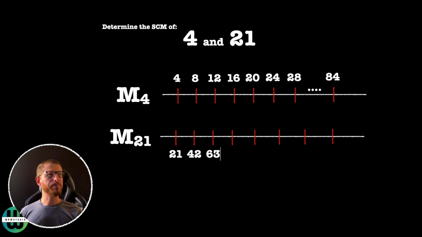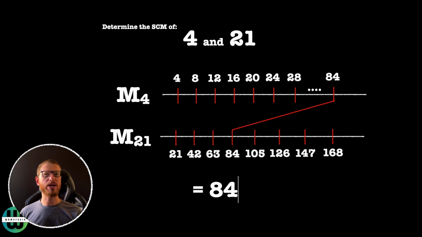In this case, we'll notice that 4, since it's a smaller number, will have a lot of multiples, and 21, not so much, but finding the common multiple will take a little bit more time, and we'll see that in this case it is 84. So the LCM of 4 and 21 will be 84.